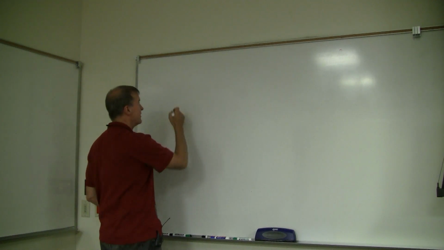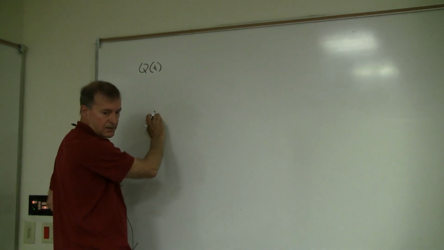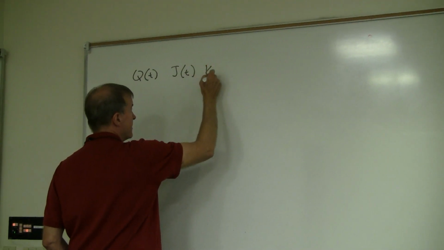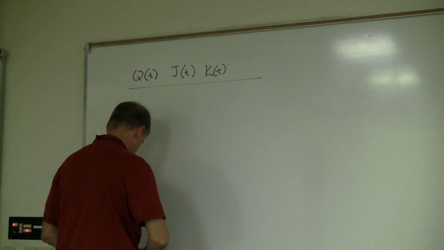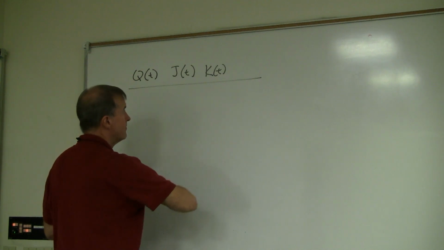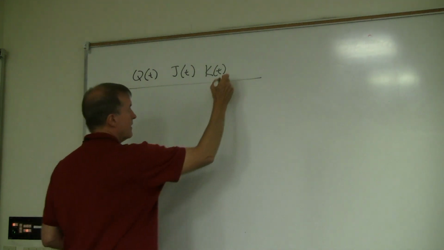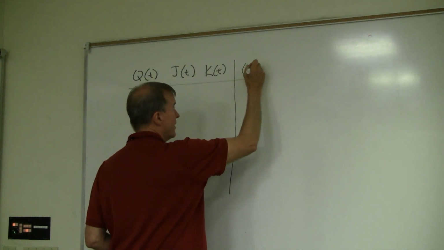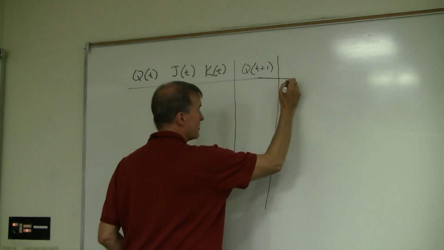So we're going to list Q at time t, J at time t, K at time t, and then also Q at time t plus 1.